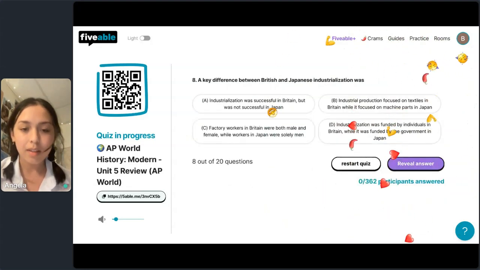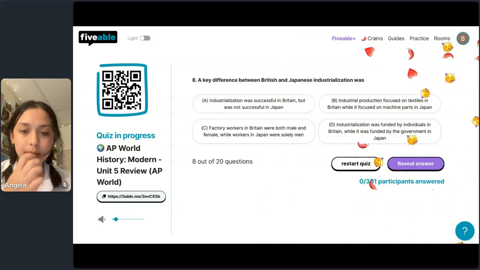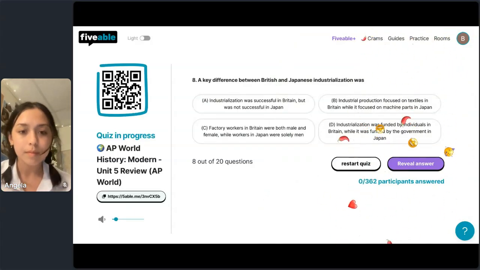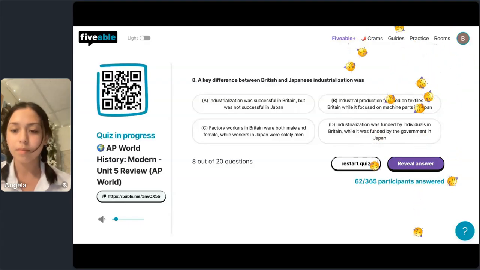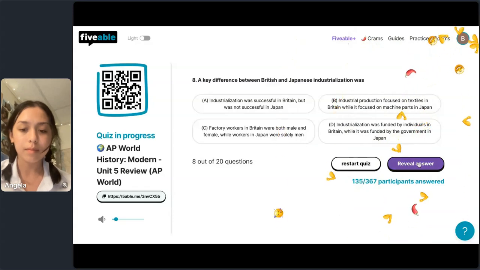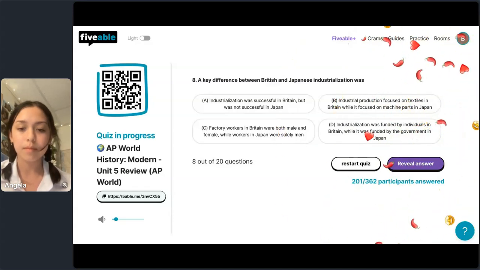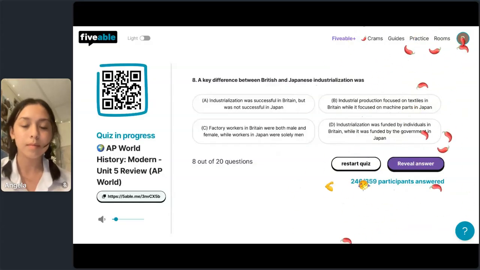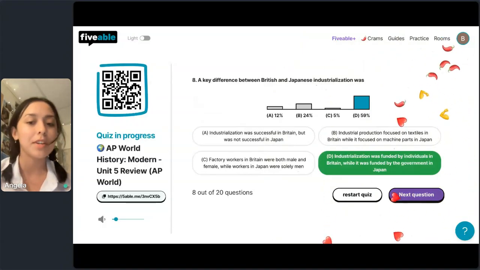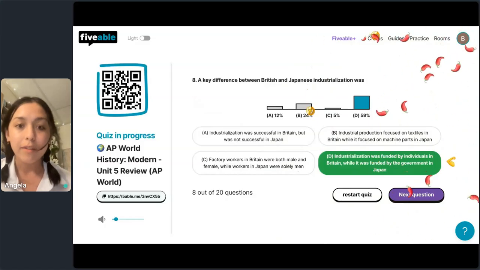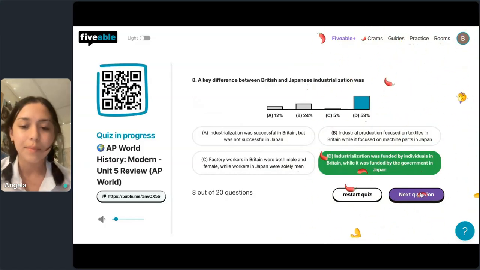Yep, great job. Yes, so remember in the Meiji Restoration, the government was really pushing for industrialization, whereas in Britain it was mainly companies and things like that.